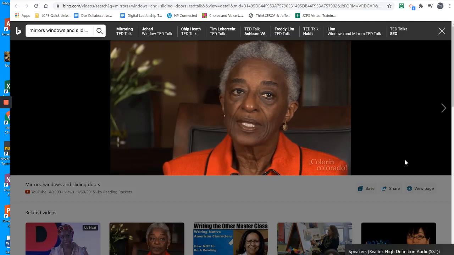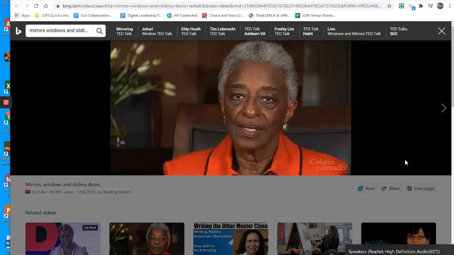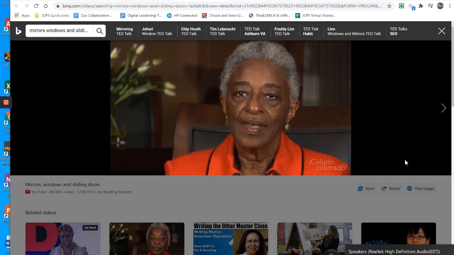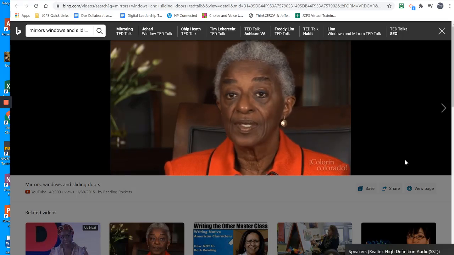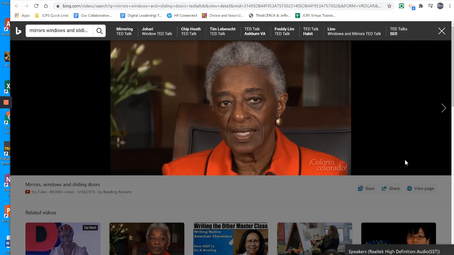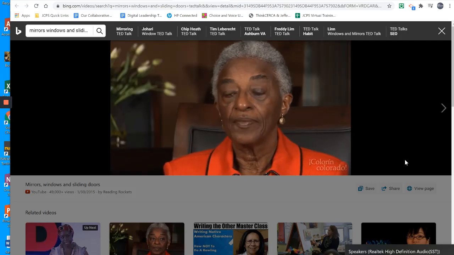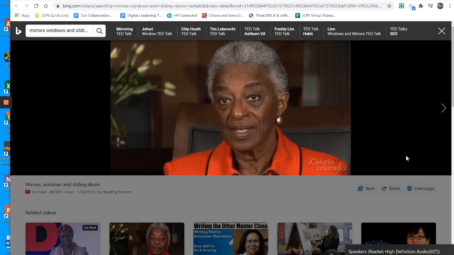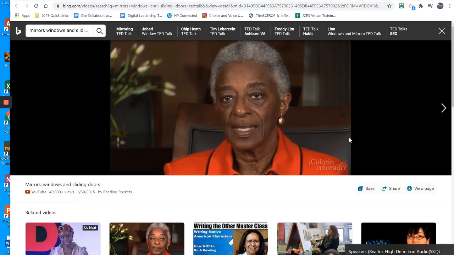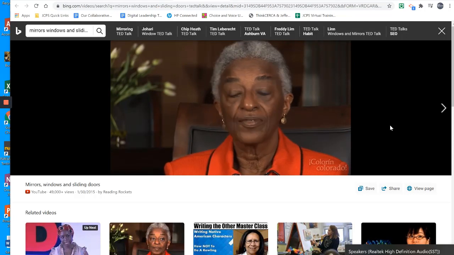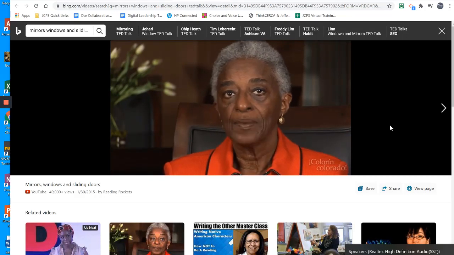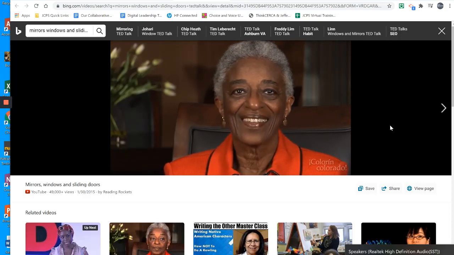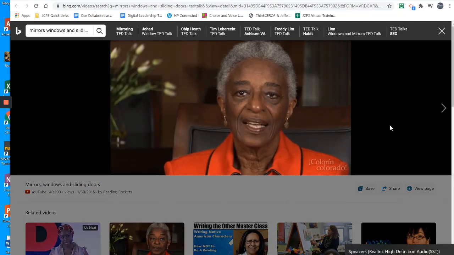But the sliding glass door allows you to enter that world as well, and so that's the reason that the diversity needs to go both ways. It's not just children who have been underrepresented and marginalized who need these books. It's also the children who always find their mirrors in the books and therefore get an exaggerated sense of their own self-worth and a false sense of what the world is like, because it's becoming more and more colorful and diverse as time goes on. So I think that's why.